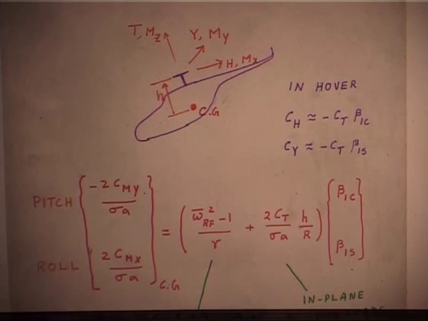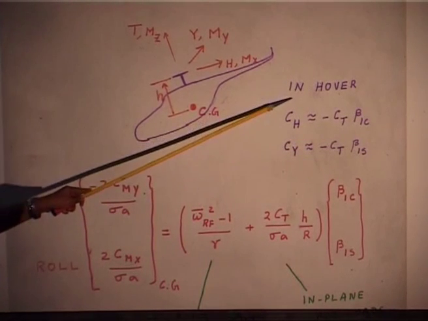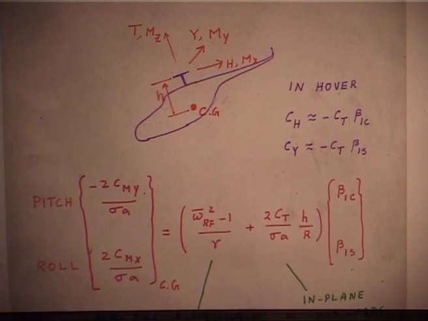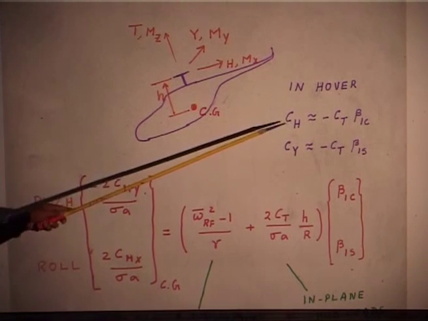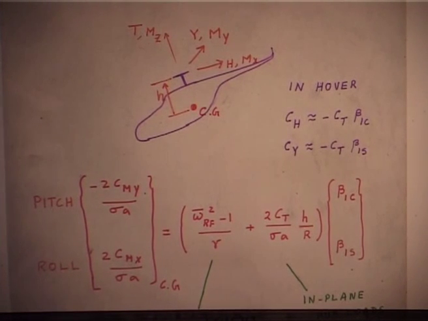But this particular thing which I have written here in hover is very interesting. In hover we can reduce it, but we make assumptions again, a lot of assumptions are made. In hover, what is my longitudinal force coefficient CH, because we got that expression last time, that long one which I gave you on that sheet.